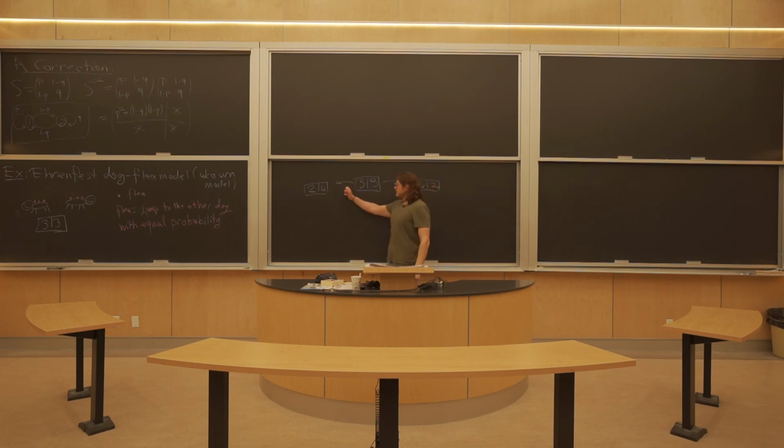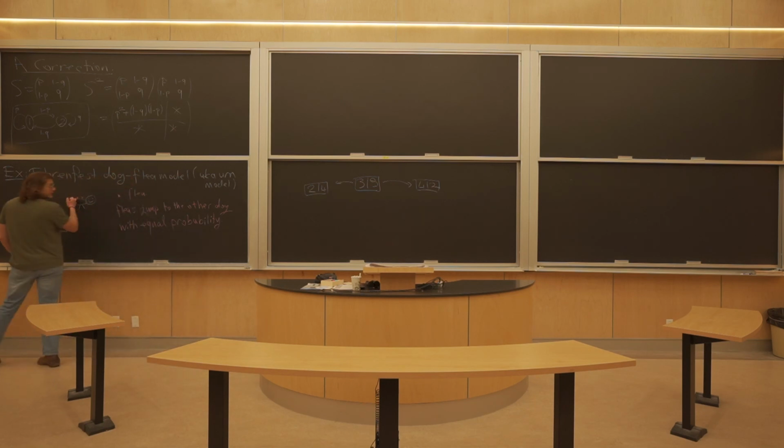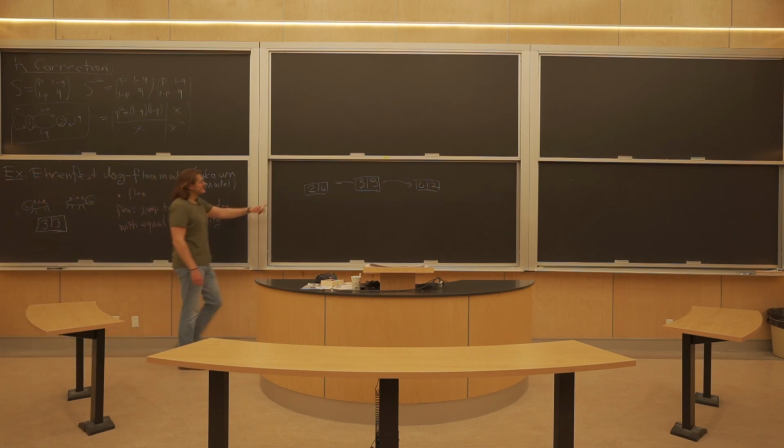So this transition corresponds to one of these fleas on the left dog jumping over to the right dog. And this transition corresponds to one of the fleas on the right dog jumping over to the left dog. And in this case, you have 3 fleas here, 3 fleas here, which means that this is equal probability.